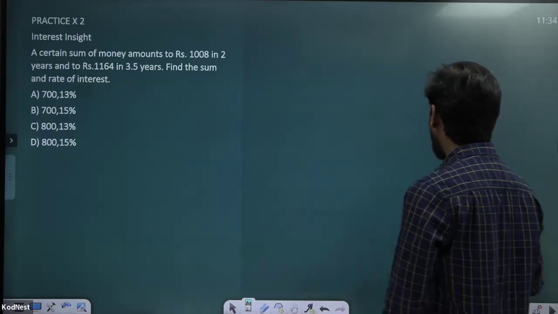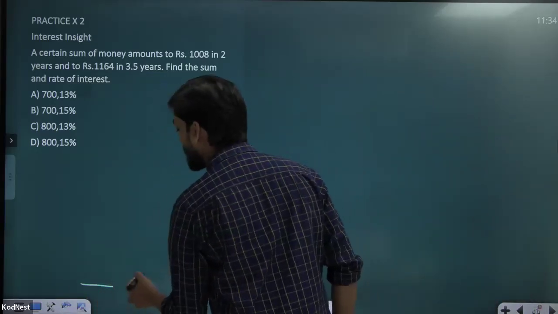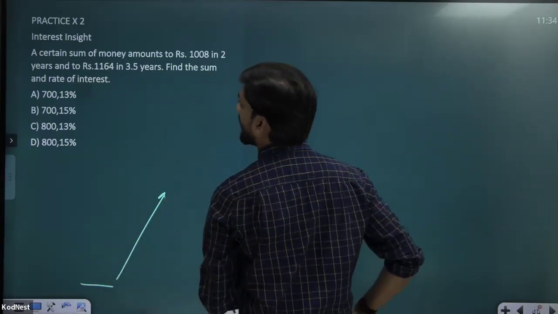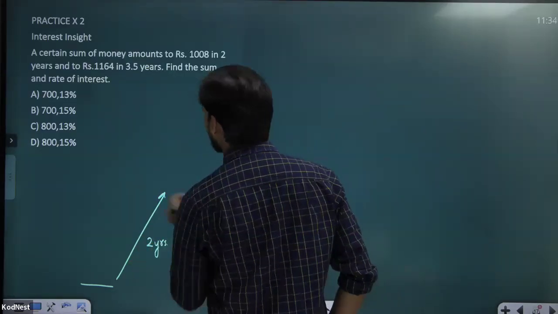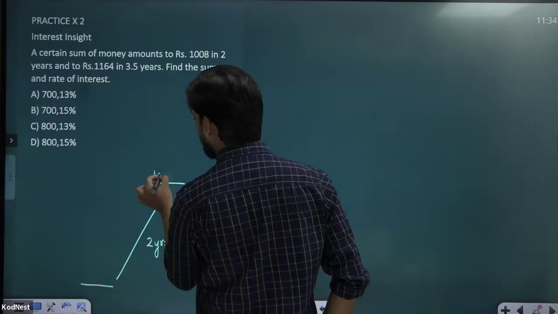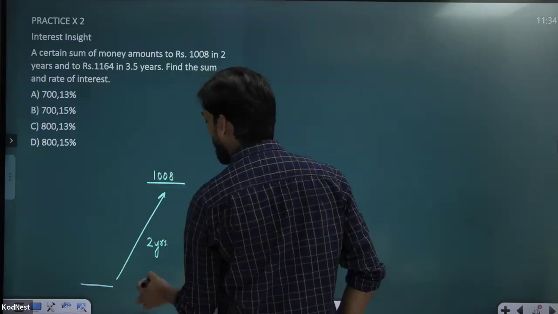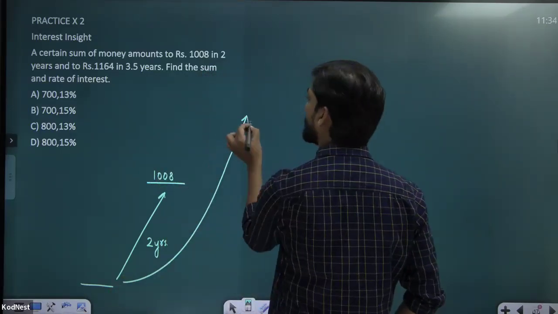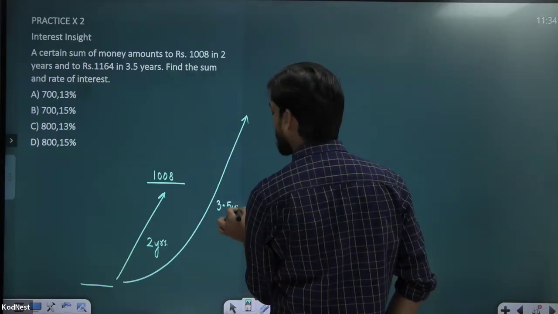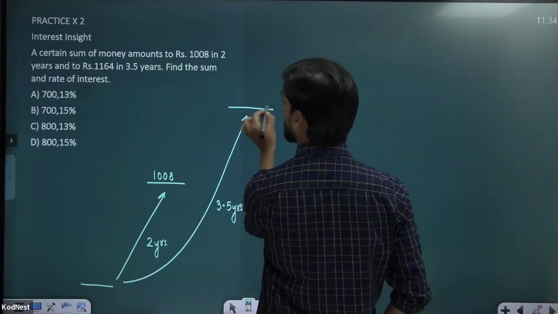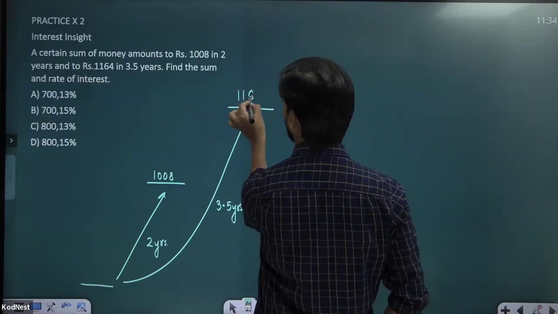So first make a diagram for clarity. Starting balance we don't know. After 2 years, you will observe the balance is 1008. And after 3.5 years, you will observe your account balance as 1164.